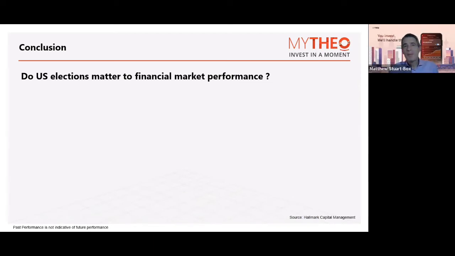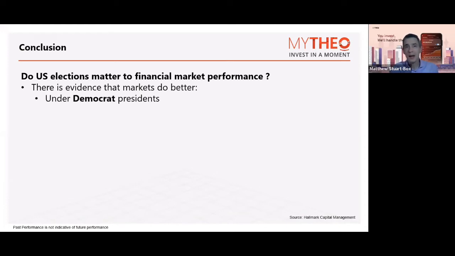Yes. So maybe if we just summarize what we've got so far, there is evidence that elections do matter, at least for short-term market performance. And the evidence points to this idea that stock markets do better, A, under Democrat presidents, B, in this third year, and in particular, in the period immediately after the midterm elections, and C, with this element of gridlock, where you have a Democrat president and Republicans holding at least part of Congress.